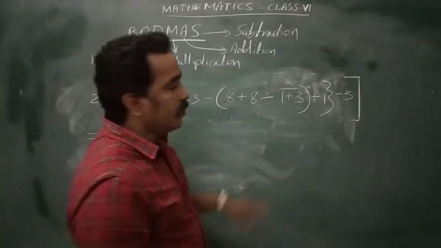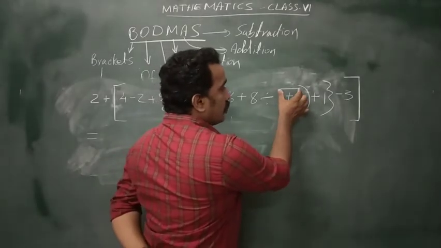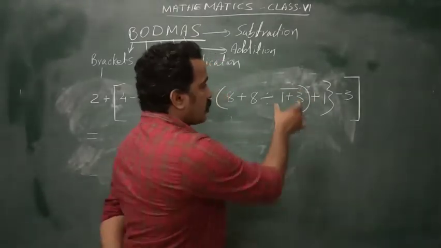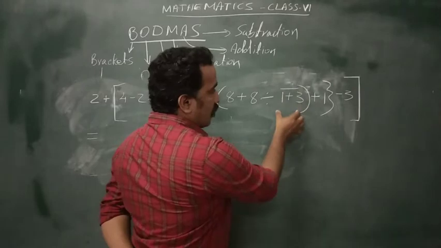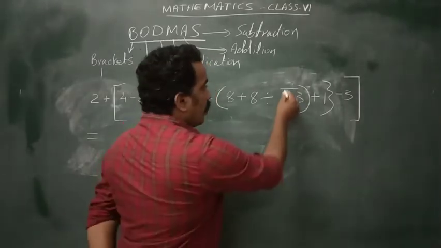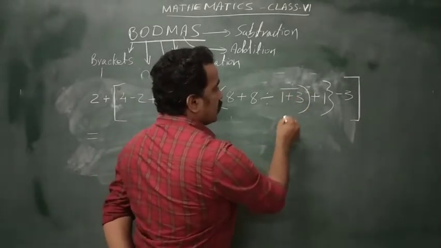In the first step, you just do the vinculum. Just remove this vinculum and solve what is inside it. First step, 1 plus 3 is equal to 4.